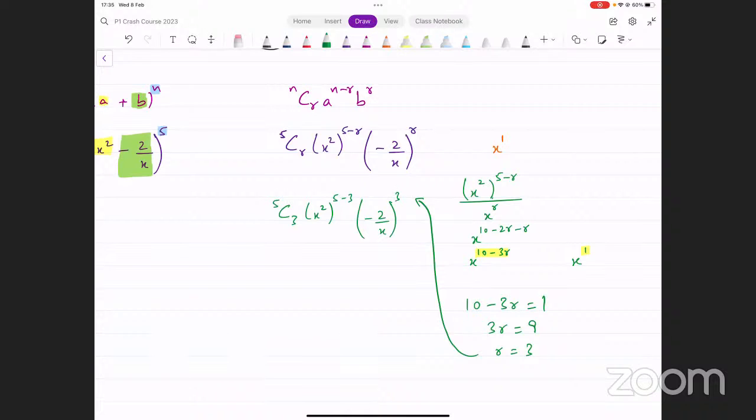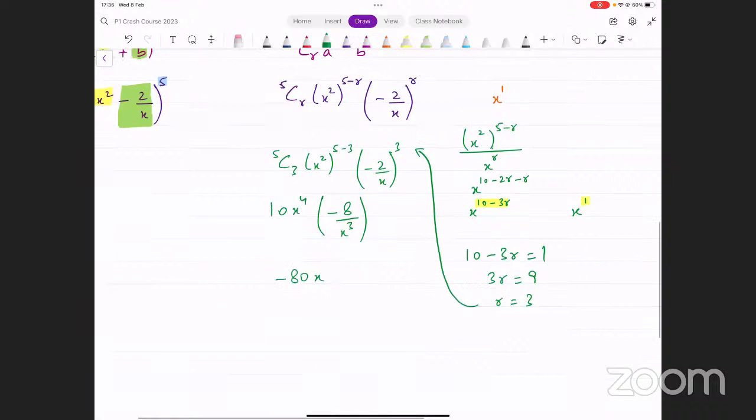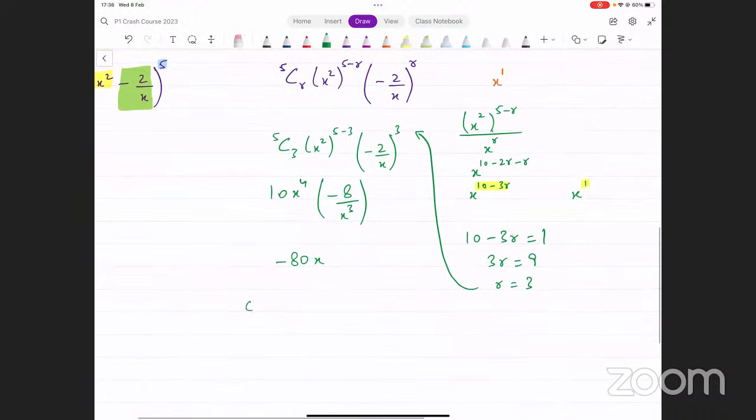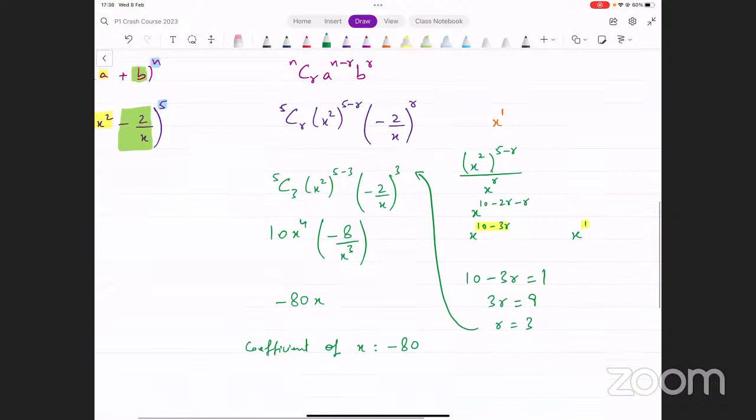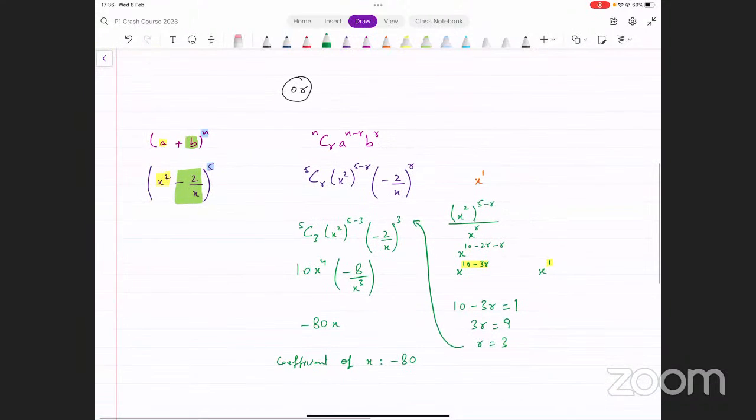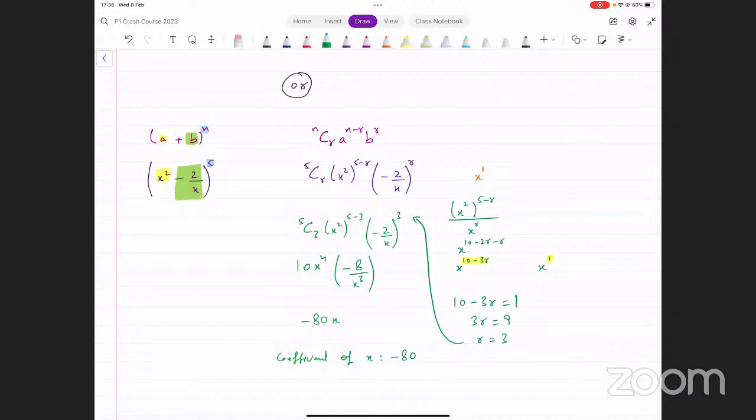Let's simplify this. 5c3 is 10 into x squared, which is x power 4. And then you have minus 8 over x cubed. And that also gives you minus 80x. So you can say the coefficient of x is minus 80. So this is the coefficient of x using the other method now.